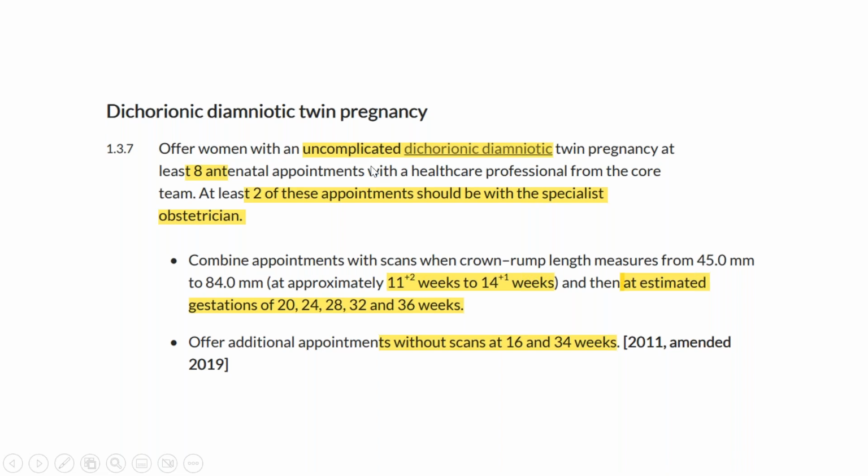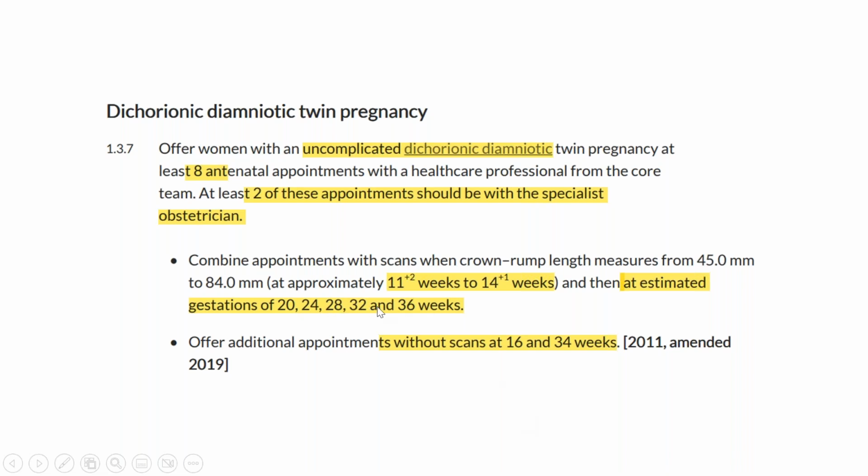In dichorionic diamniotic pregnancy, the total number of antenatal appointments should be 8, and at least 2 of these appointments should be with the specialist obstetrician. You start the appointments from 11 to 14 weeks onward, then from 20 weeks onward it will be 4 weekly, like 20, 24, 28, 32, and 36 weeks.